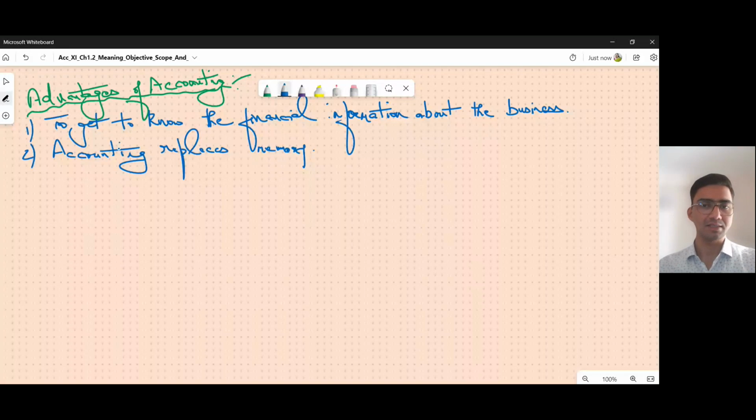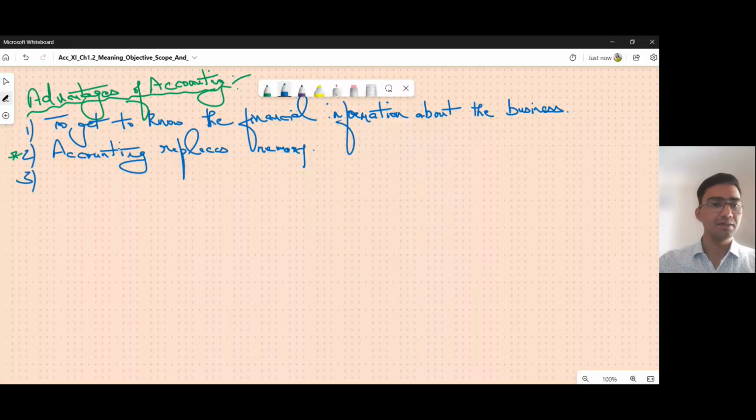So if there are many transactions, we are not able to remember how much we have spent or how much we have earned on these transactions. So accounting, as we know, is a way of writing down transactions in one place in a very systematic order. So accounting replaces memory. It replaces you remembering things. Okay, this is an important point. You can mark it here for you to keep in mind. Third point.